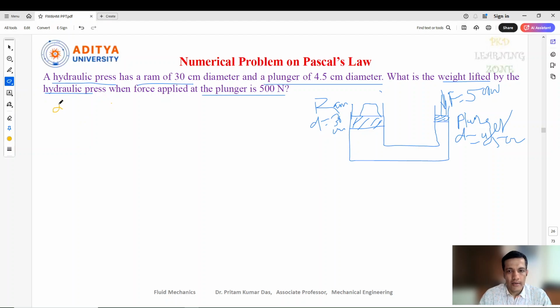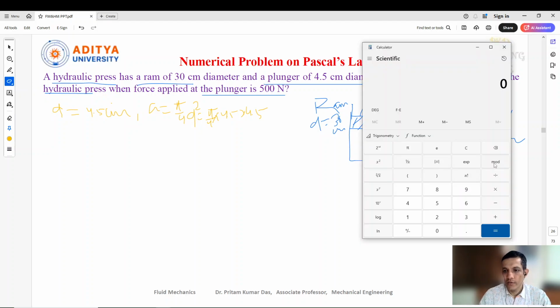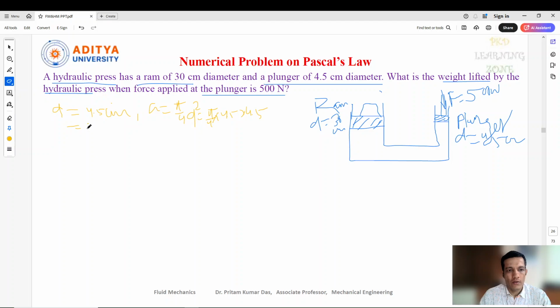So here the diameter d is given, that is 4.5 centimeter, for the plunger side. So the area we can calculate here, pi by 4 d square, so pi by 4 into 4.5 into 4.5, or we can convert into meter also, that will be 0.045 meter.